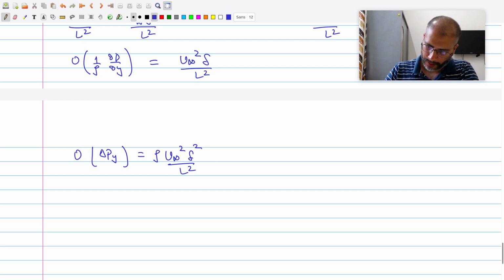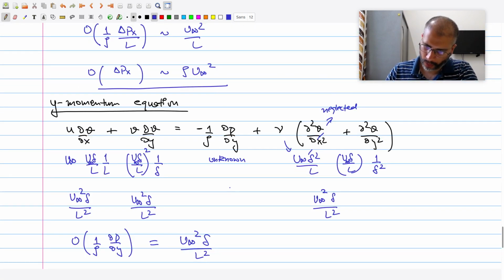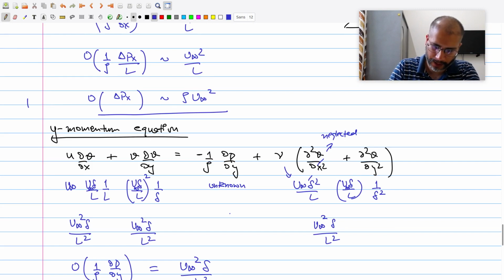Okay, so I'll put a star here, and then let's go back to what the expression for the order of delta p x was, putting a star there as well.